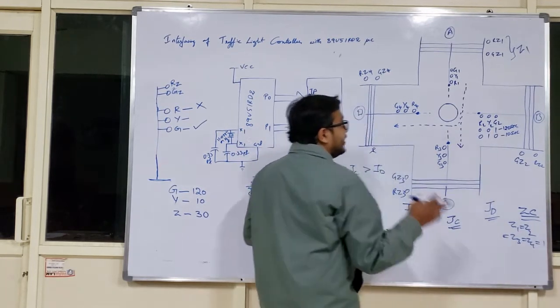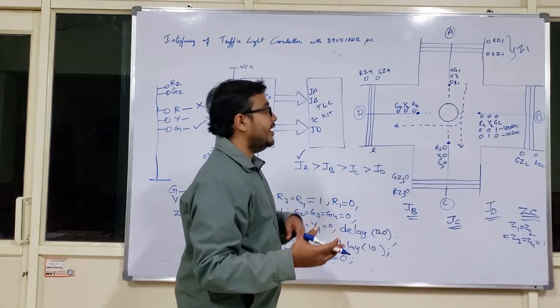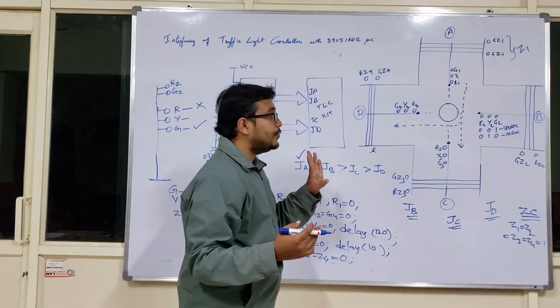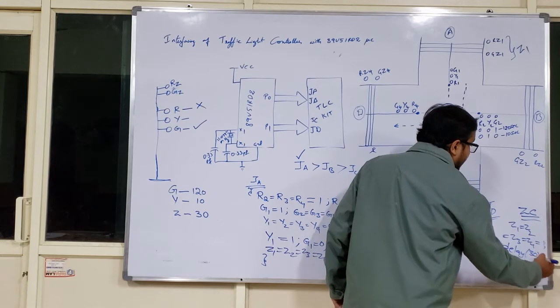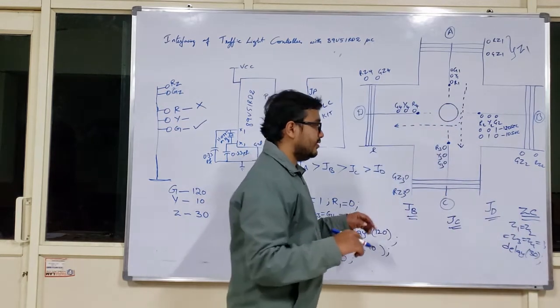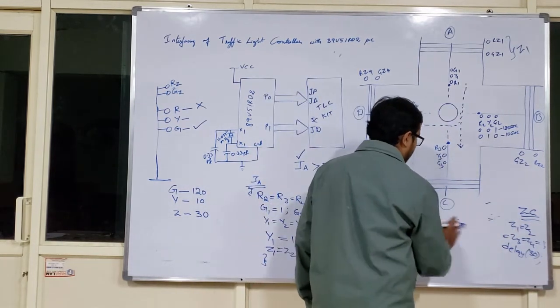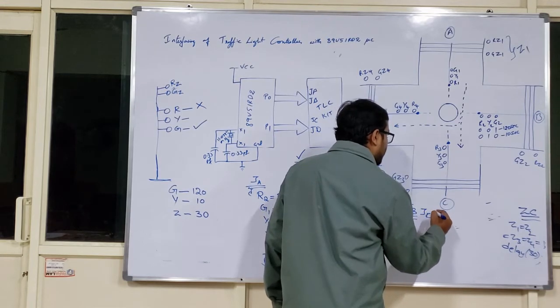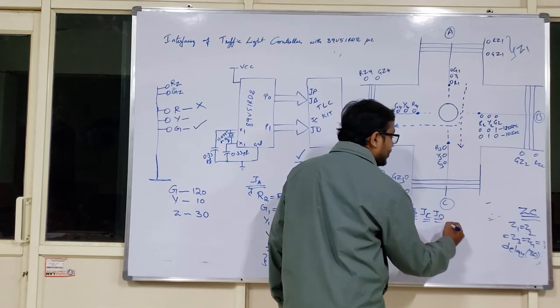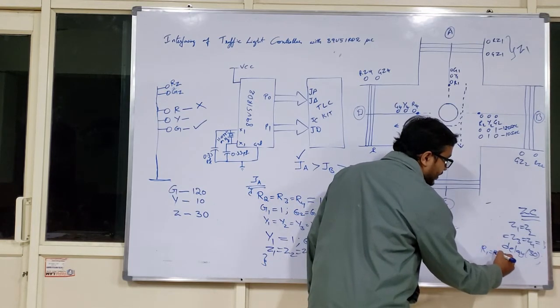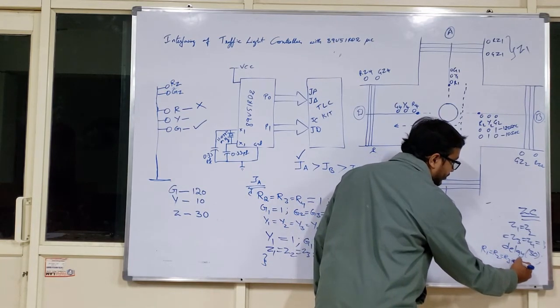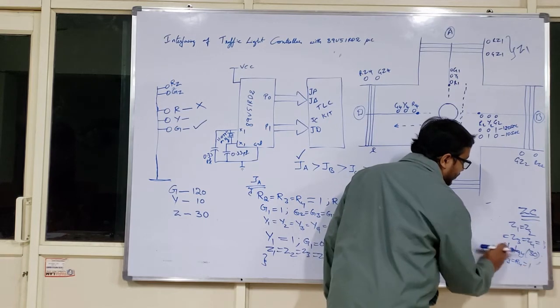In this way, the pedestrians can take either of the ways for up to a time duration of 30 seconds. In this situation, for the zebra crossing I am talking about, all your red lamps should be logic 1, R1 equal to R2 equal to R3 equal to R4 equal to 1.